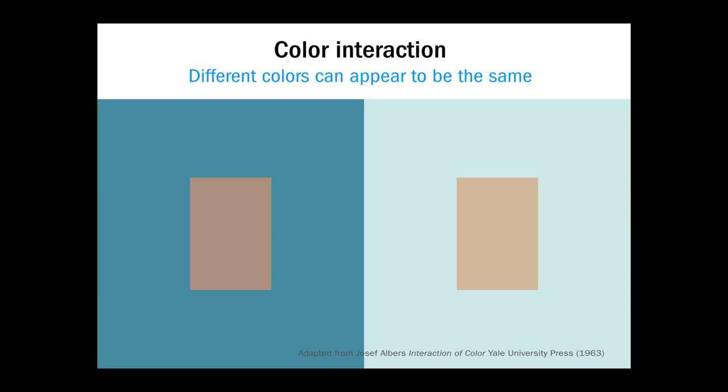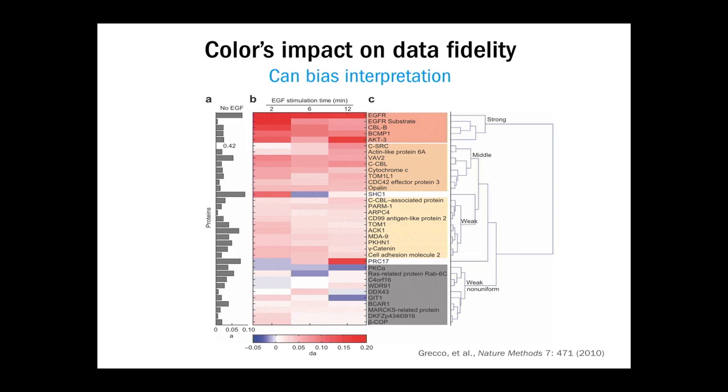And so when we use color to represent quantitative information, I think we run the risk of messing with data integrity. And heat maps, which are a very popular form of visualization used in the sciences, of course rely on putting a bunch of color tiles next to each other. And that same effect is present. So these two tiles that I've indicated here with the white dots are in fact the same color, but they appear to be different to us.